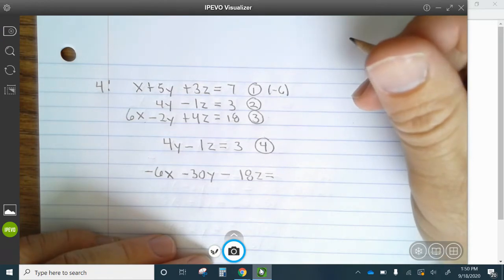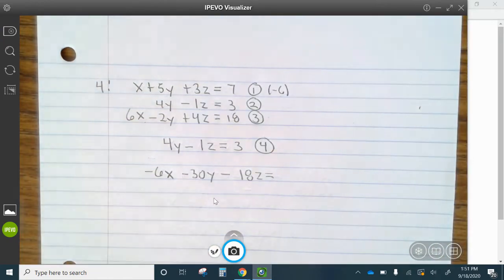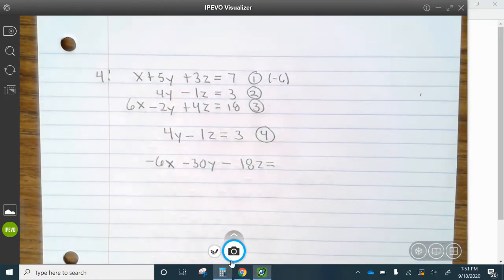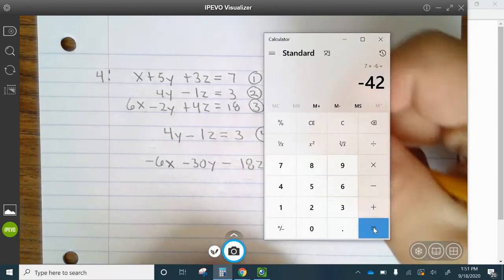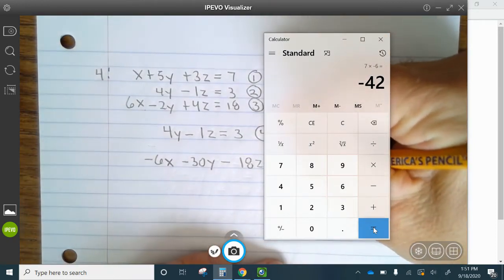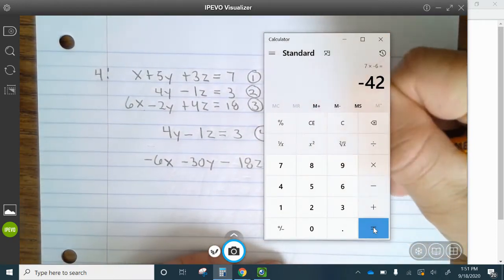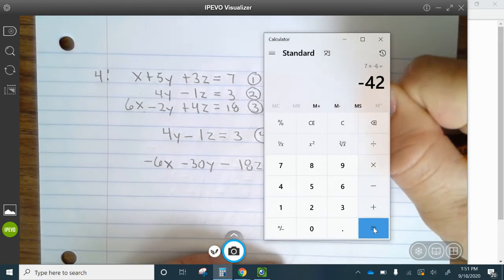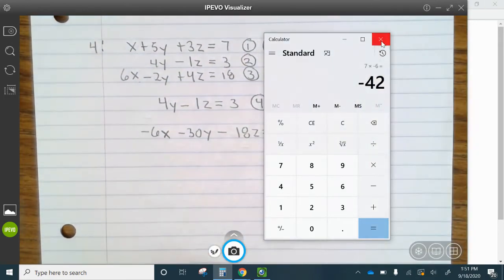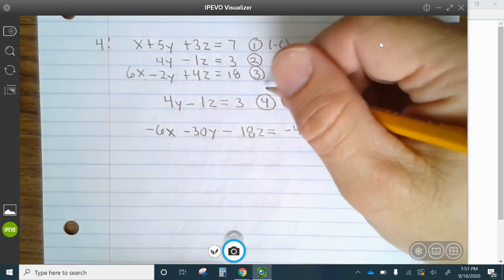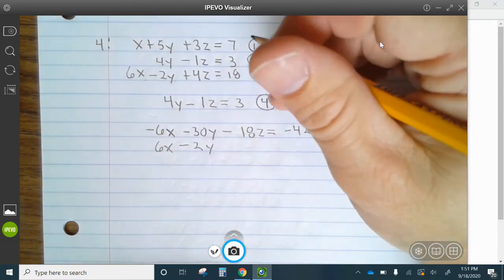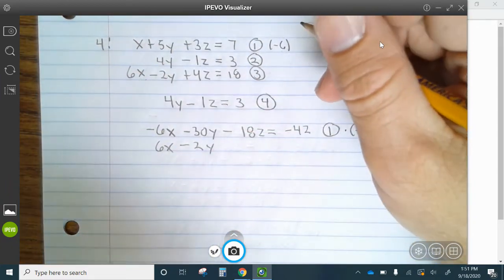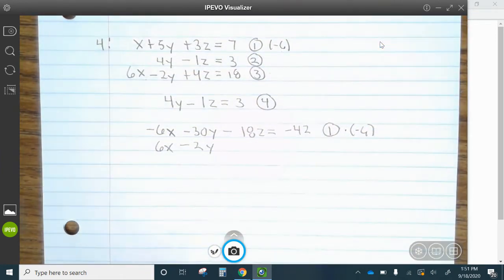And that's equation 1 times negative 6. Okay, and then you can leave equation 3 alone, so that's 6x minus 2y plus 4z equals 18, and that's equation 3.